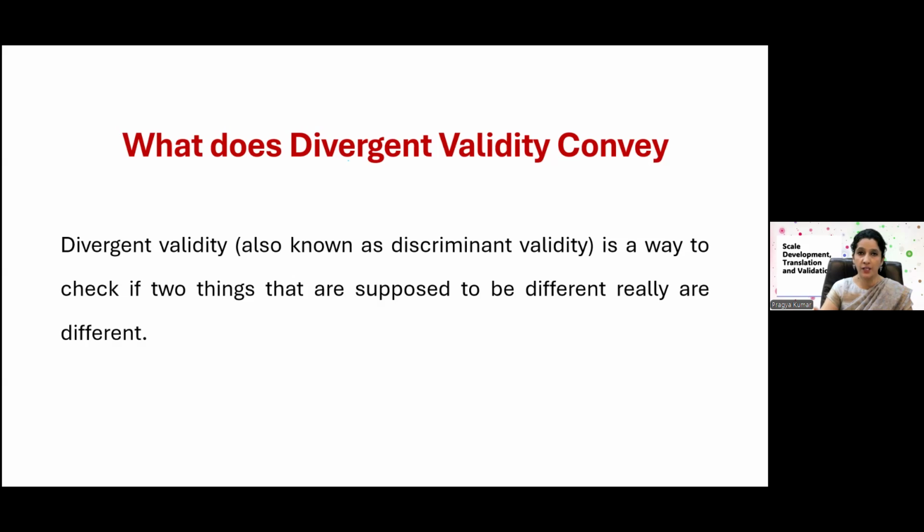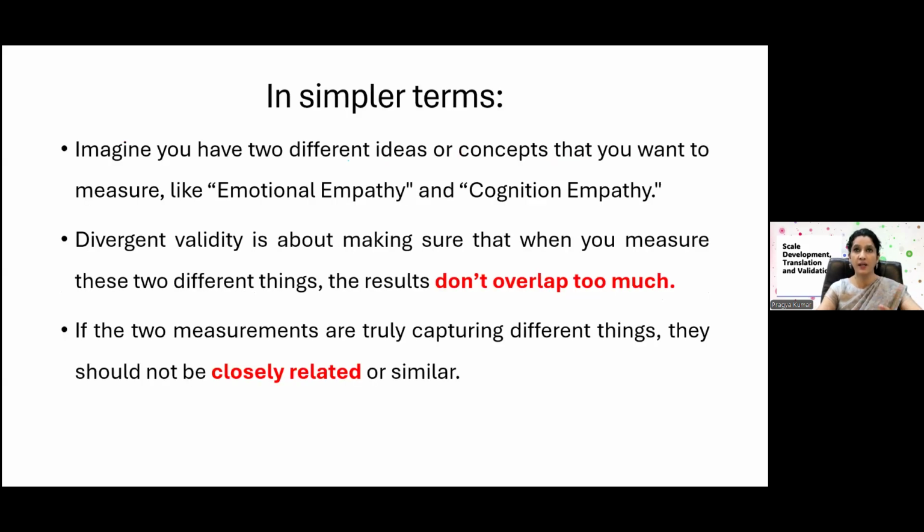Divergent or discriminant validity means that factor 1, emotional empathy, will be slightly different from social empathy. Similarly, social empathy and emotional empathy will be different from cognitive empathy. So they are somewhat different. They are not exactly the same. That's why they are broken down into the 3 factors.